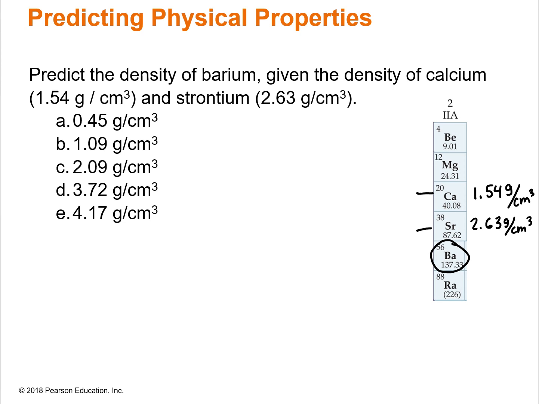So we're seeing an increase in the density as we go down the group. The difference between the density of the strontium and the density of the calcium, well, we can just do subtraction. So this is the difference in density.